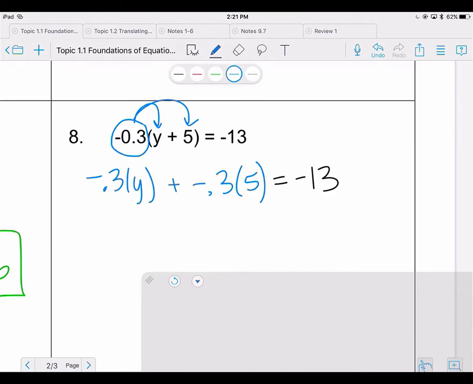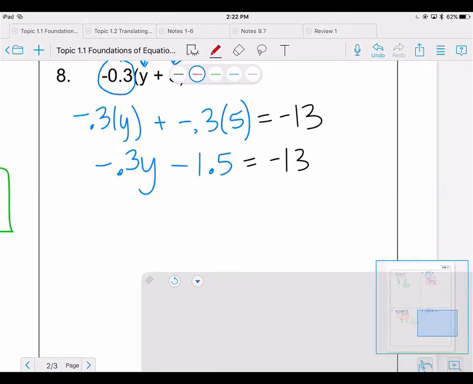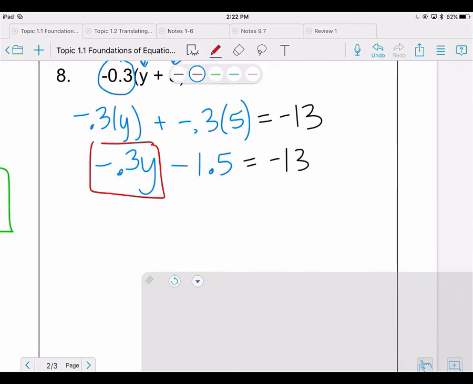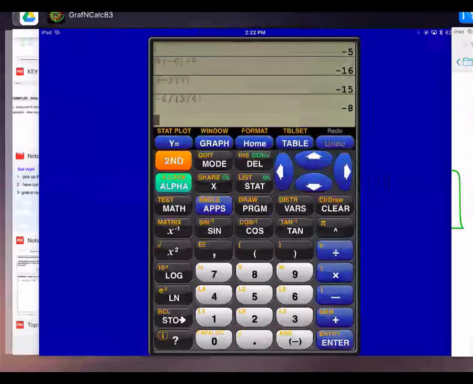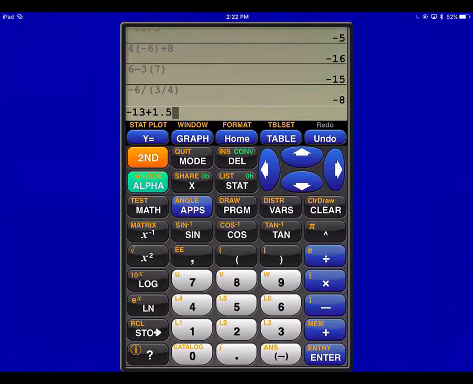When we simplify, just to clean it up and get rid of my parentheses, this is negative 0.3y and this is negative 1.5, and nothing else has changed. From here, trying to get y by itself, I'm going to add 1.5 to both sides. So negative 13 plus 1.5 would give me negative 11.5.